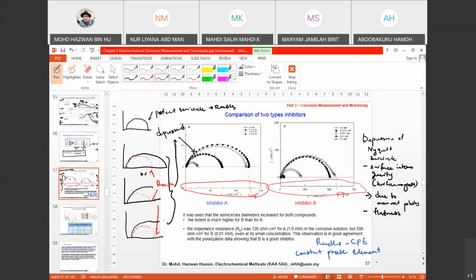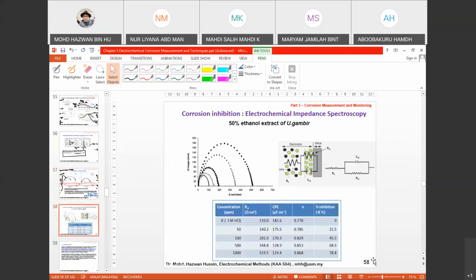So the constant phase element design is almost the same as Randles, but for the capacitance, it's not going to use Cdl, but instead it uses CPE, the constant phase element capacitance. The correlation between CPE and Cdl is that CPE is actually 1 over Cdl.